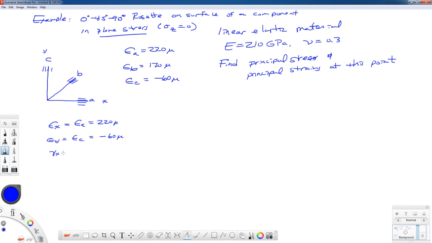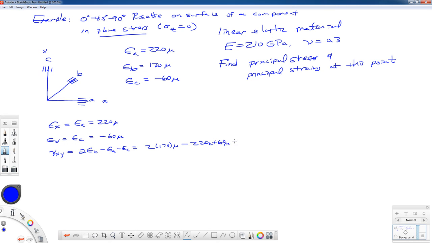And the shearing strain gamma XY at that location is 2 times the middle gauge minus the other 2, which would be equal to 2 times 170 microstrain minus 220, and a minus and a negative give a plus 60.